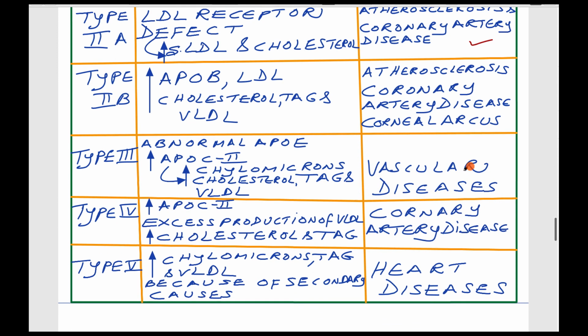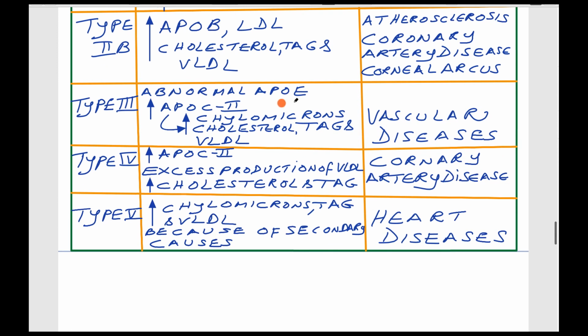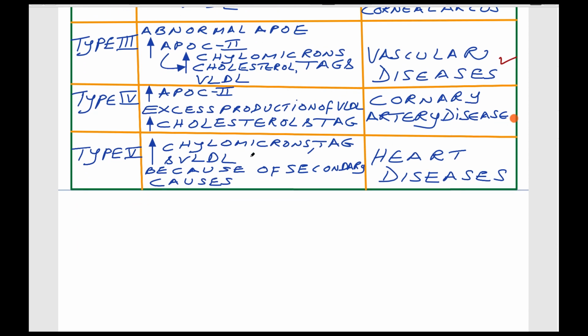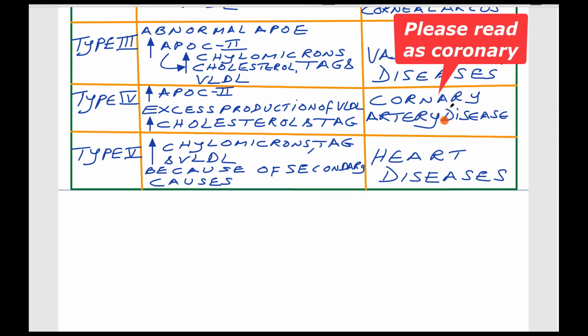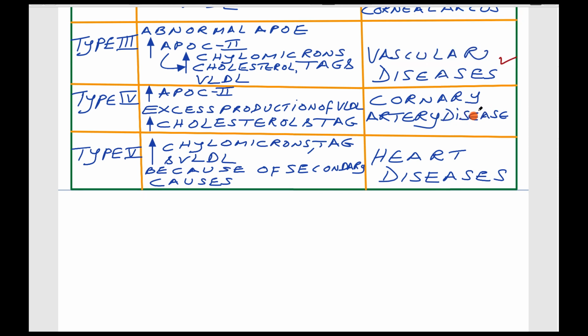Then type 3: abnormal ApoE, increased ApoC2, increased chylomicrons, cholesterol, triacylglycerol and VLDL. It will lead to the development of vascular diseases. Then type 4: there is an increase in ApoC2, excess production of VLDL, and increased cholesterol and triacylglycerol, so there will be development of coronary artery disease.